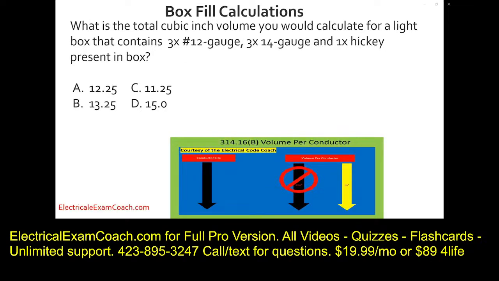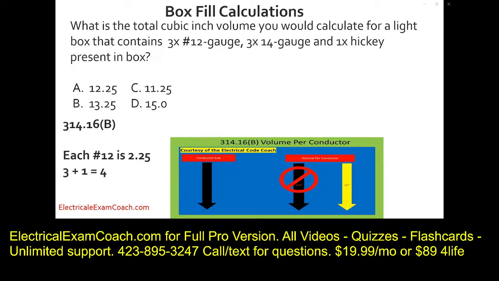What is the total cubic inch volume you would calculate for a light box that contains 3 number 12 gauge conductors, 3 14 gauge conductors, and 1 hickey present in the box? We'll head to our table. We know that each 12 is 2.25, so you always deal with the largest conductors first. The reason is because your fittings are likely going to be grouped with the largest conductors.